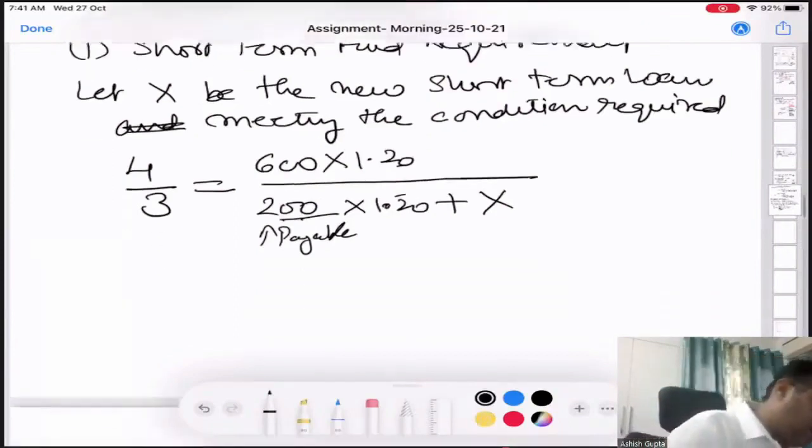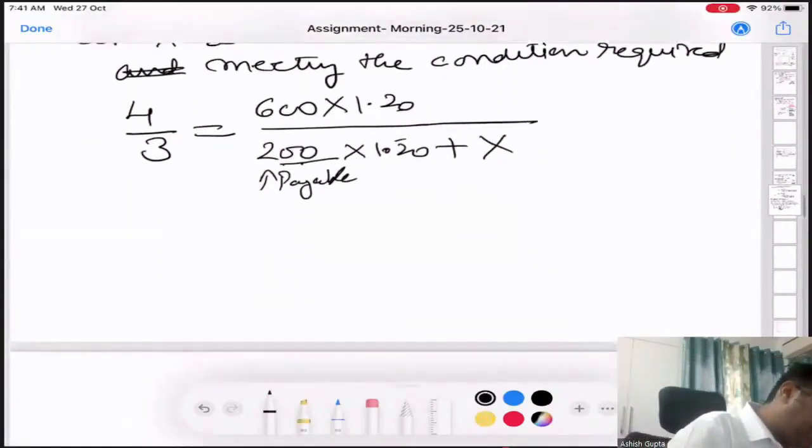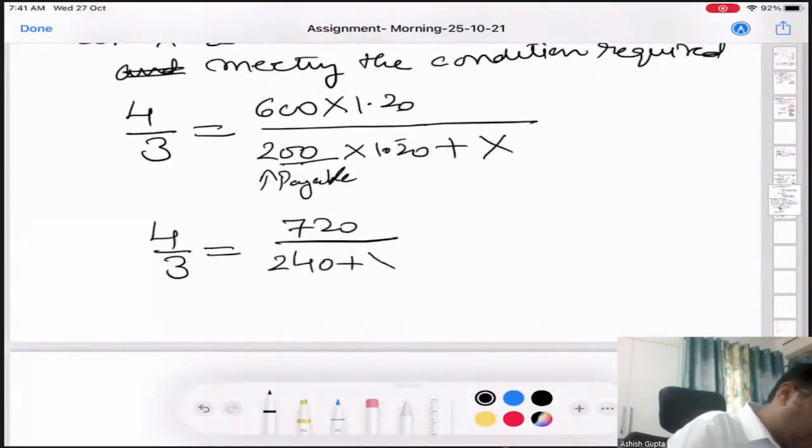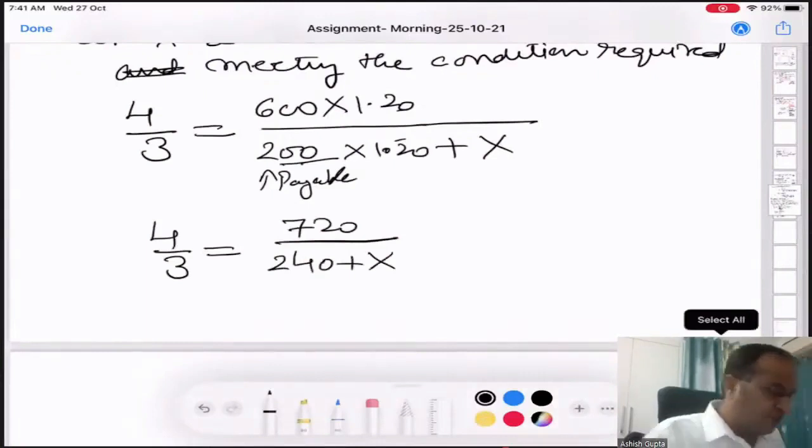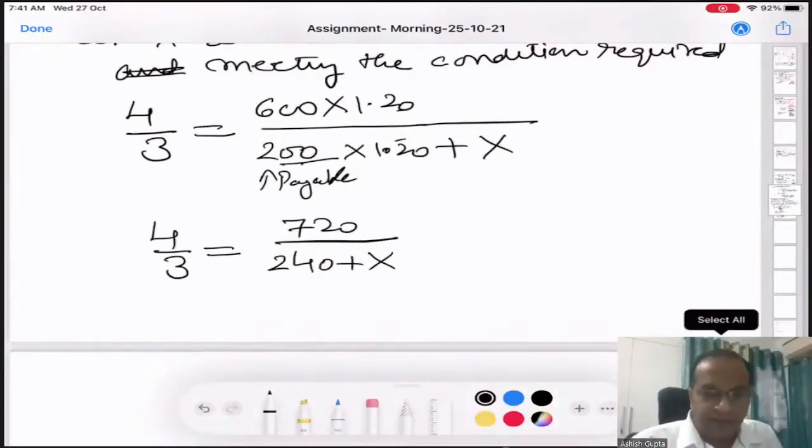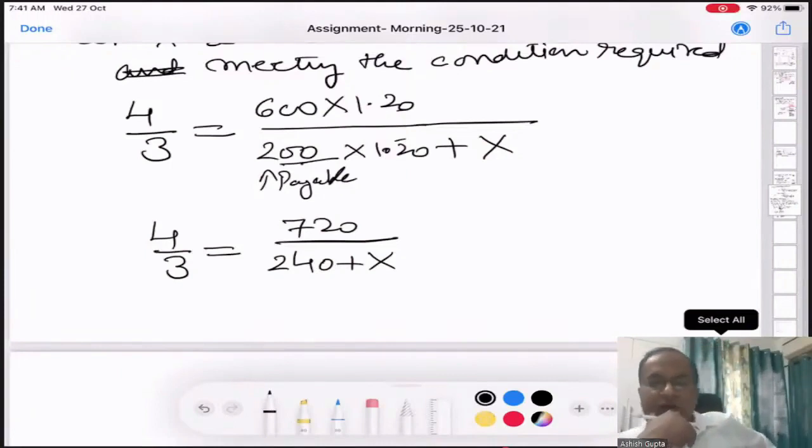Okay, students. Now let us proceed further. Just find out the amount of X. Yes, Sairam, your observation is correct.